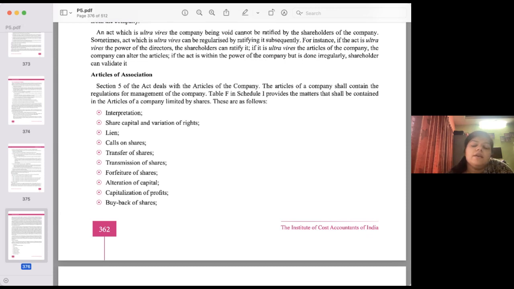if somebody has, so basically when you become a shareholder, you subscribe to the charter documents of the company, the articles, as well as the memorandum. So by subscribing to these documents, the idea is that you will abide by these for the rest of your life.